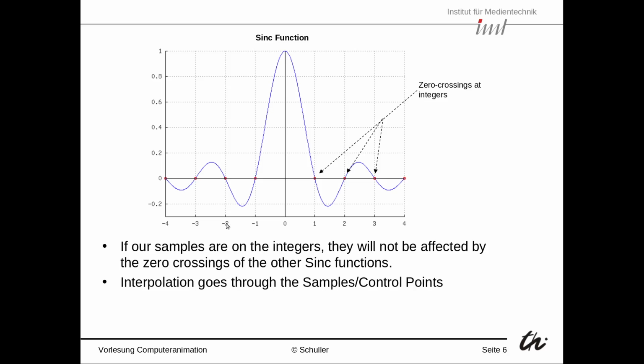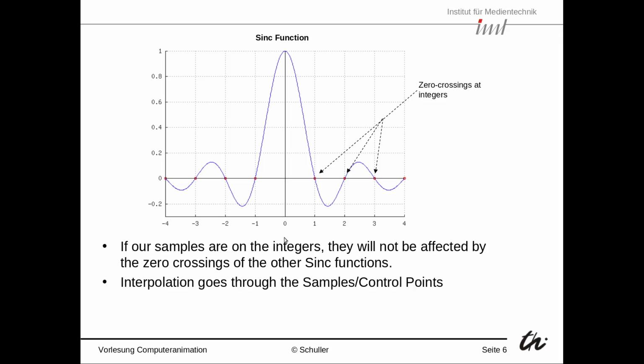At each integer value, -1, 0, 1, 2, 3, we have a control point. Those red circles are our control points, and there's another one here at the top. And we can see that the Sinc function goes through zero at the integer points here.